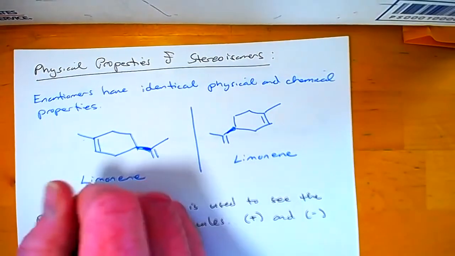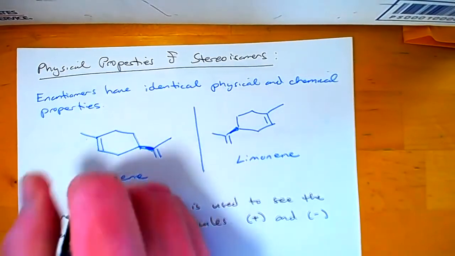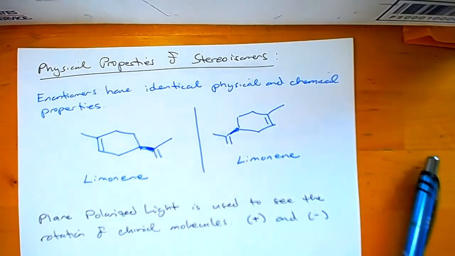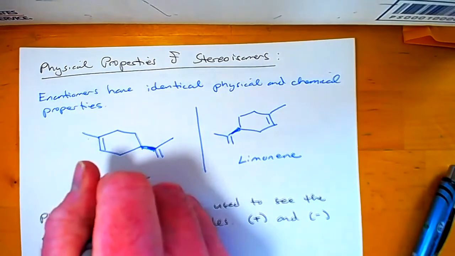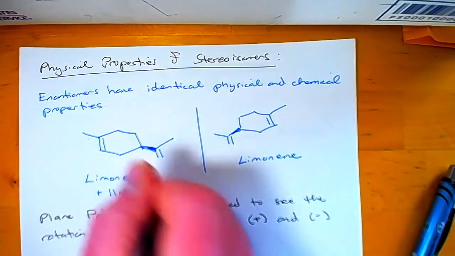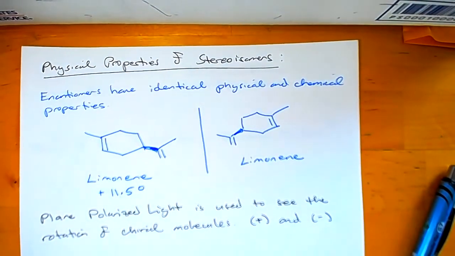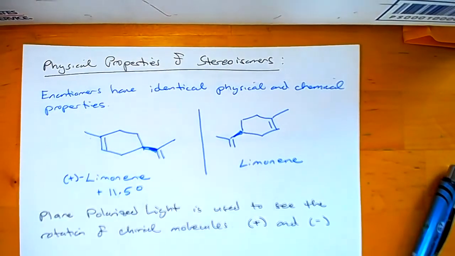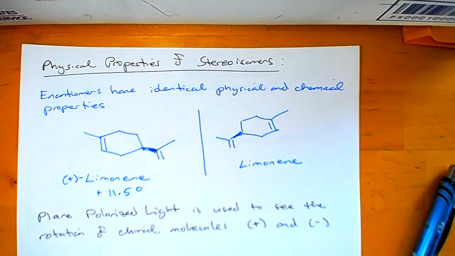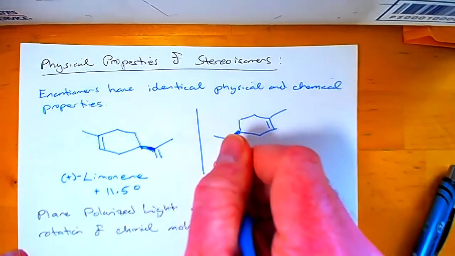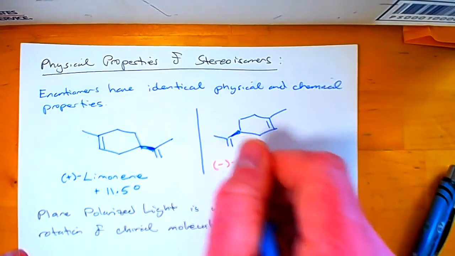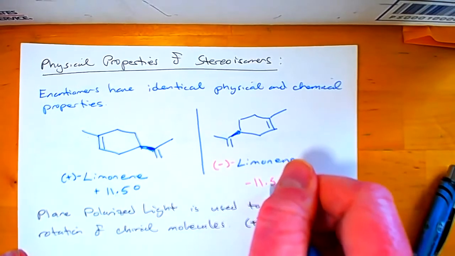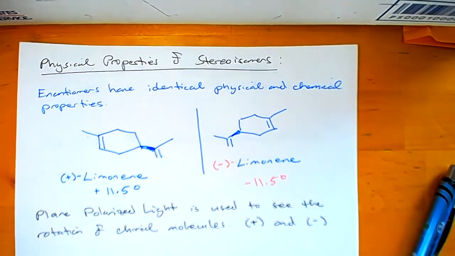So this particular limonene has a rotation of positive 11.5 degrees in plane polarized light, so it's designated as plus limonene. The second compound has a rotation of minus 11.5 degrees, and it's known as minus limonene.